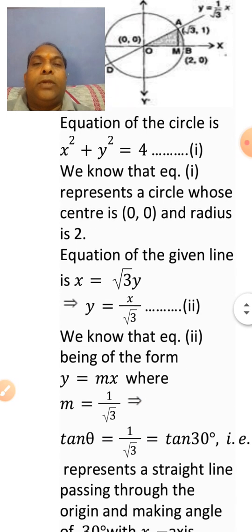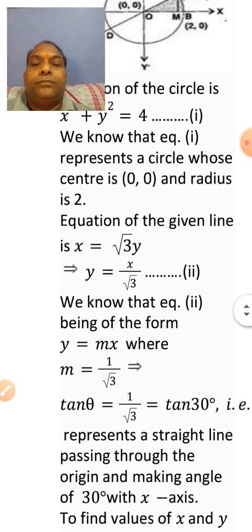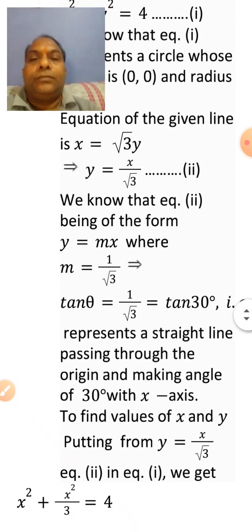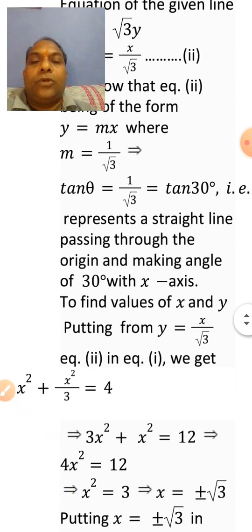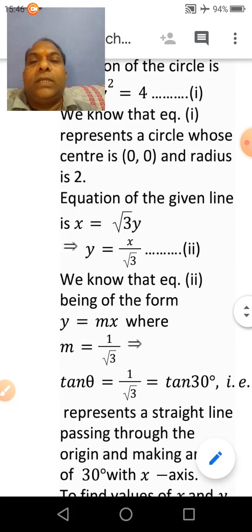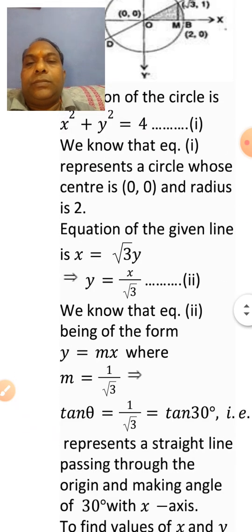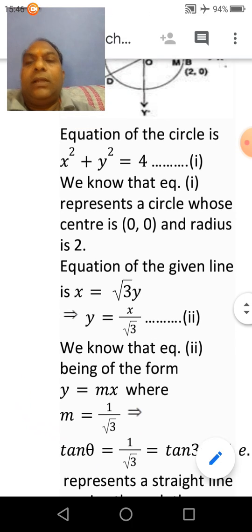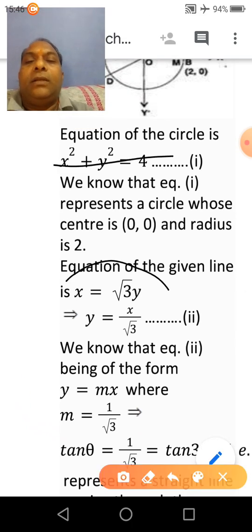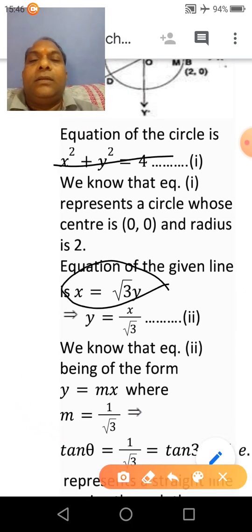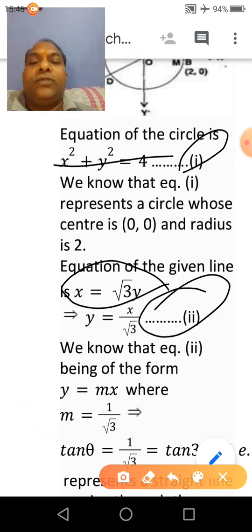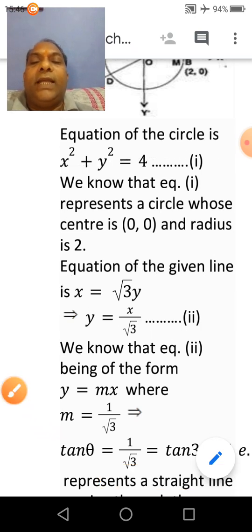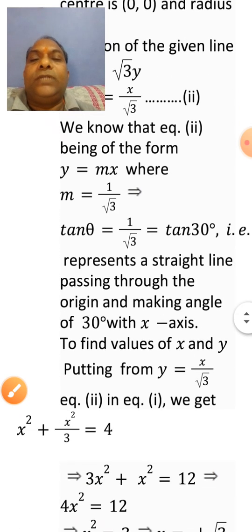Solve the equation of the circle and the given line, that is, equation first and equation second. By solving these two equations you can find x and y.